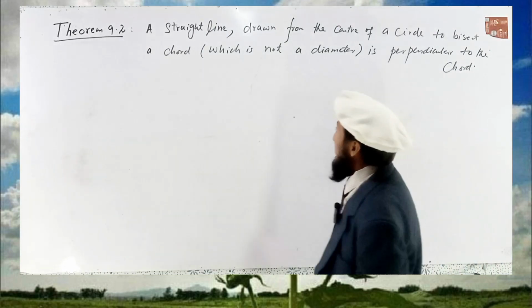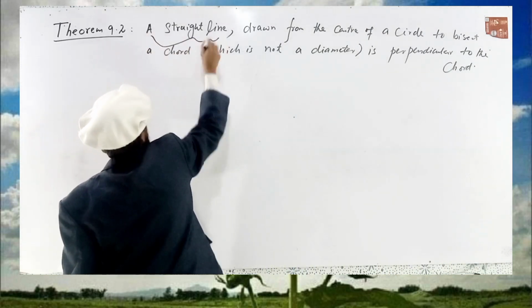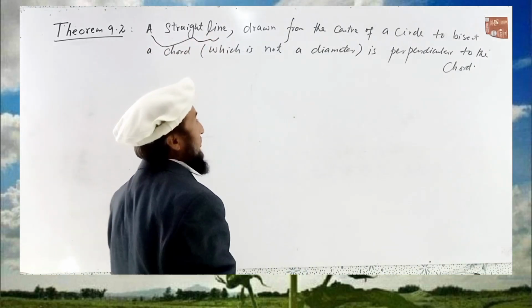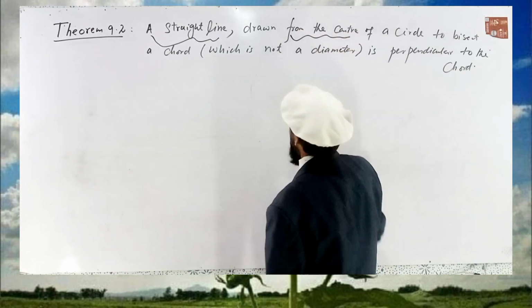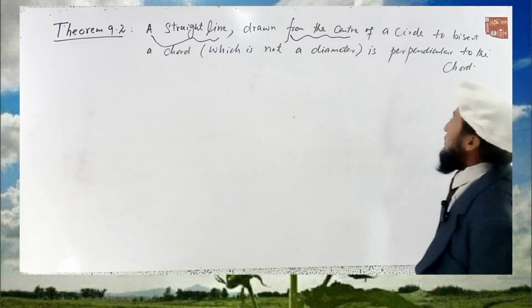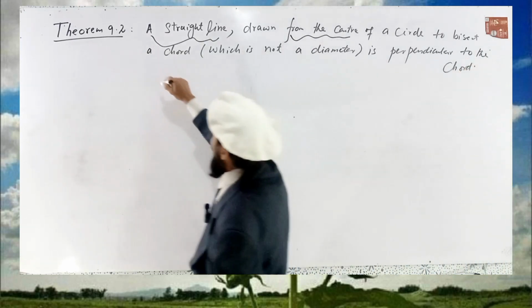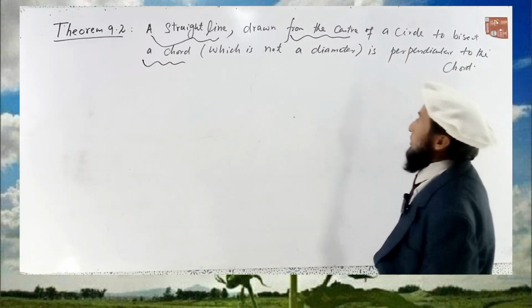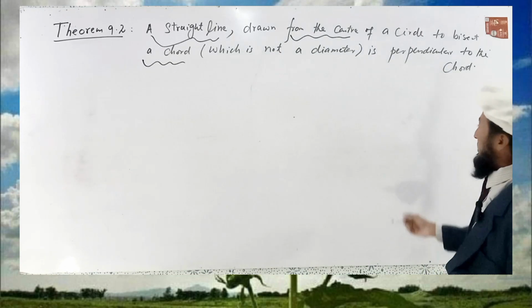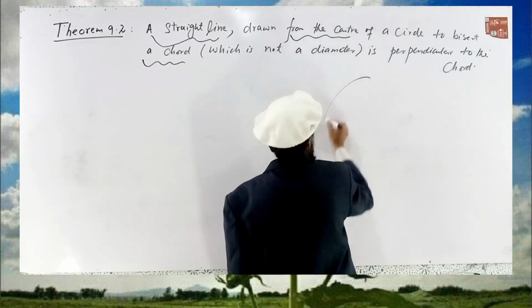Now first of all, from the statement, we need to draw a straight line from the center of the circle to bisect a chord. So first of all, we draw the circle.